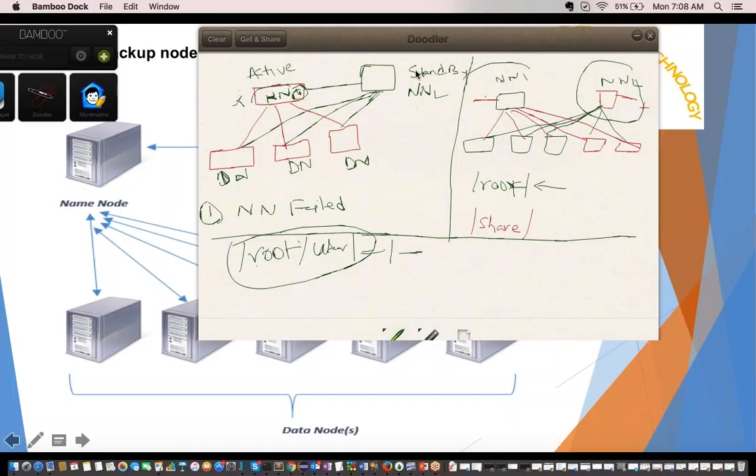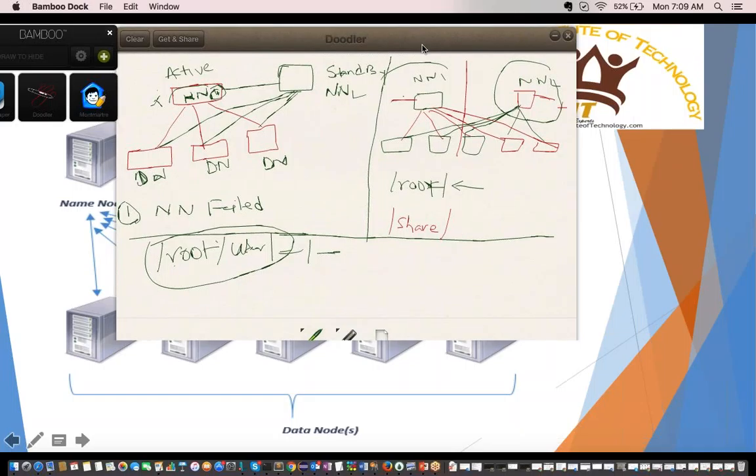So I have a huge cluster. To reduce the burden on the name node, they came up with a new architecture change, a new design for huge clusters. What is that change? Instead of maintaining one name node that has to maintain a single namespace, they came up with two name nodes.